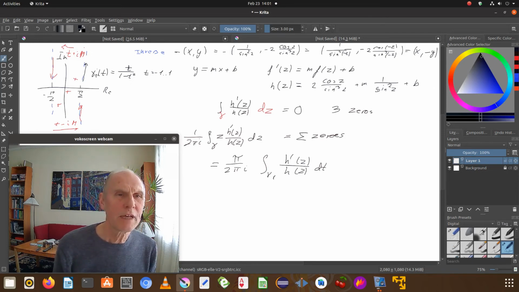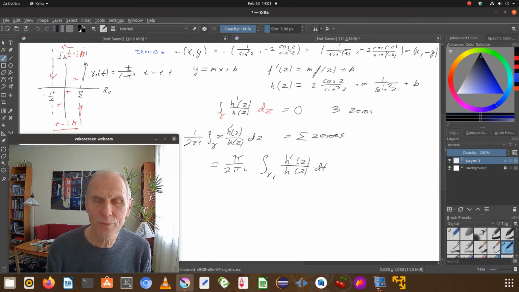Now, the reason I define gamma like this is that we make a new path, gamma 2 being h of gamma 1 of t.